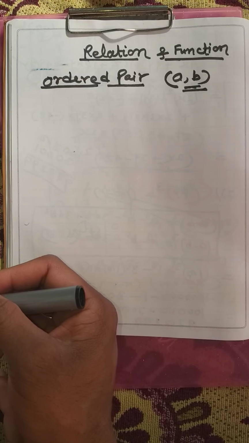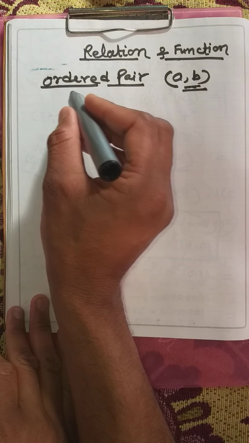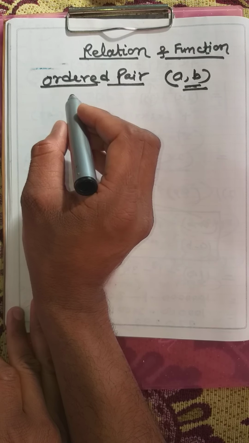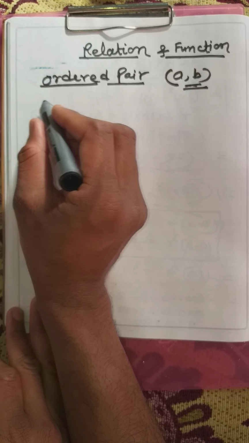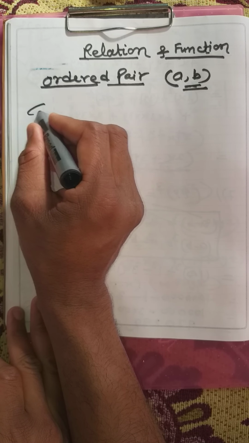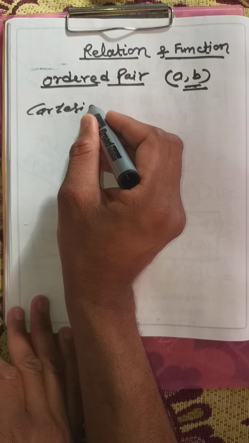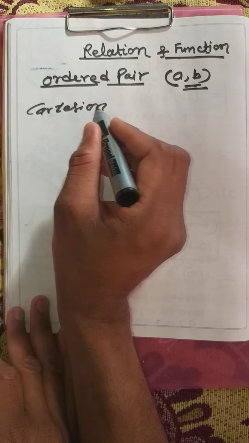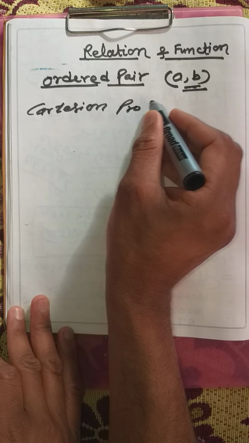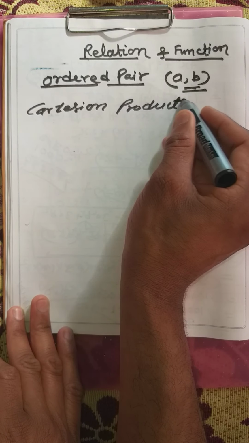Let us understand this ordered pair by the concept of Cartesian product. We must know the Cartesian product.